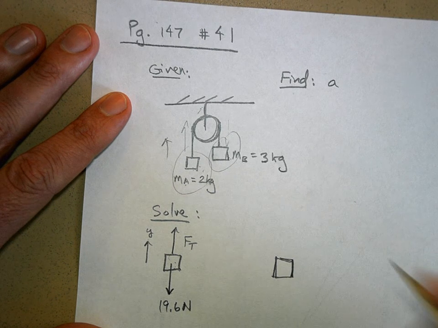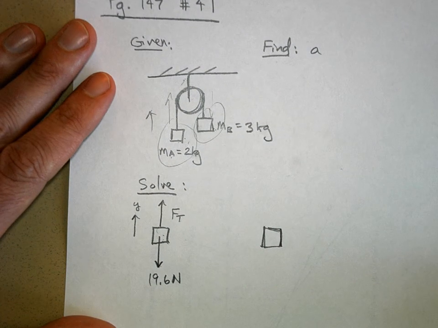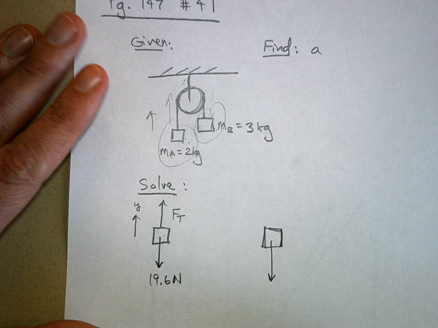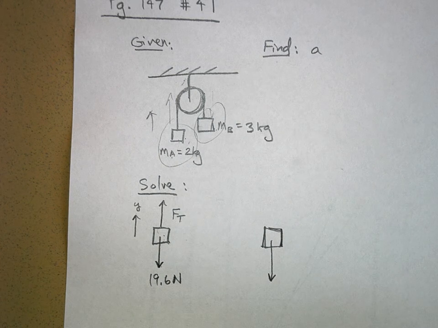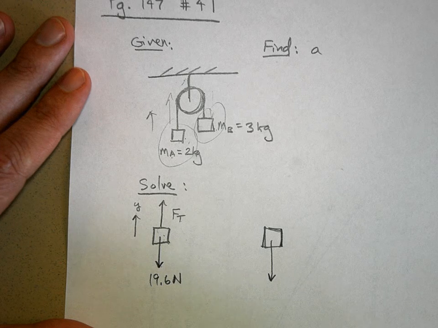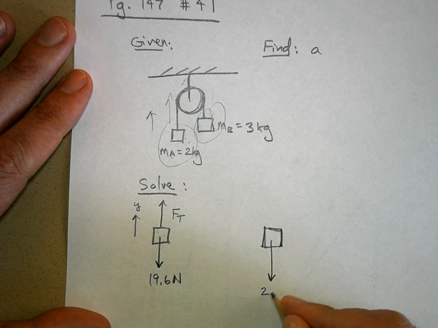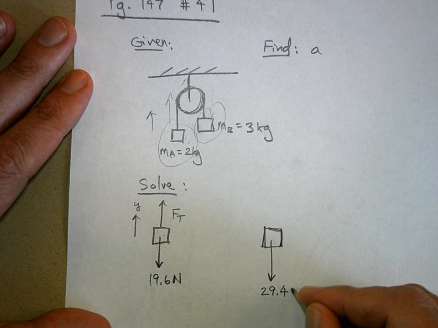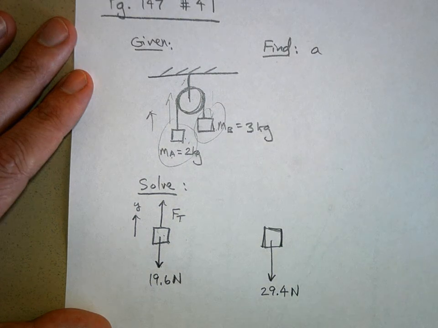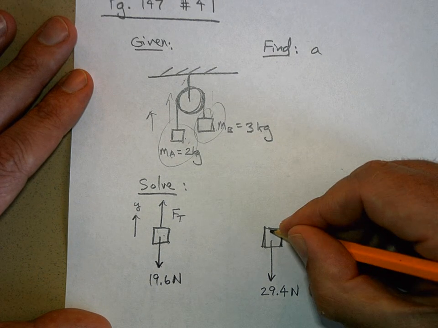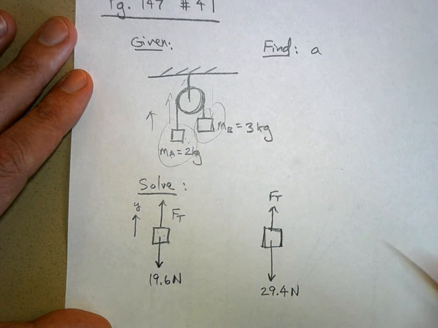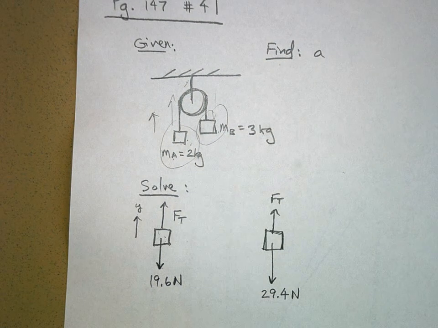Okay, it's a little bit bigger. And its weight is going to be, well, what's 3 times 9.8? I think it's 29.4. Is that right? 29.4 newtons. That's the weight of a 3 kilogram mass. And then we've got a tension force pulling up on it as well. Now here's the deal.